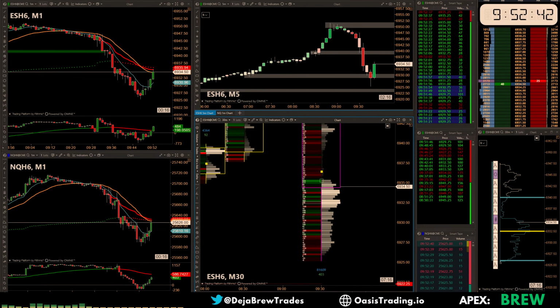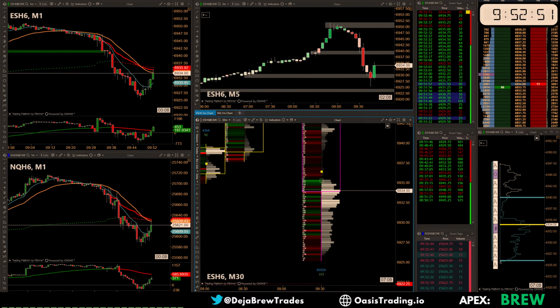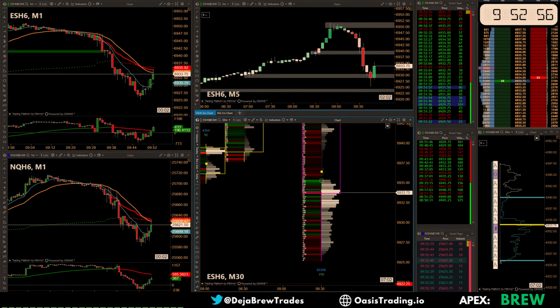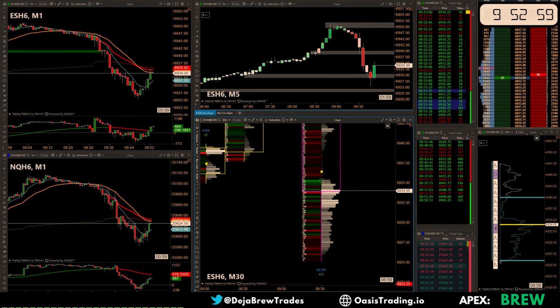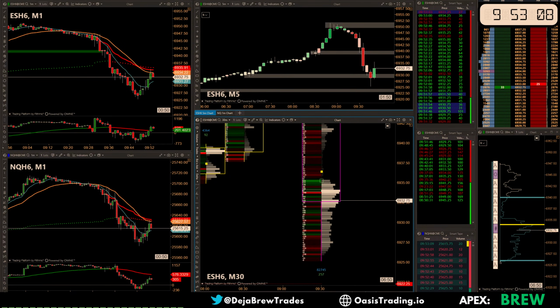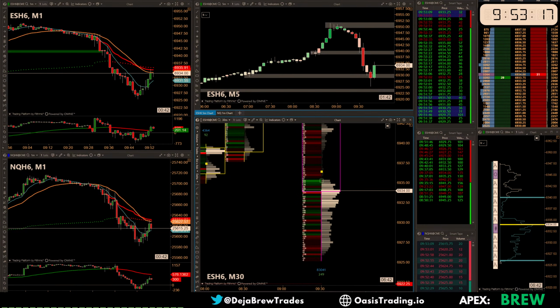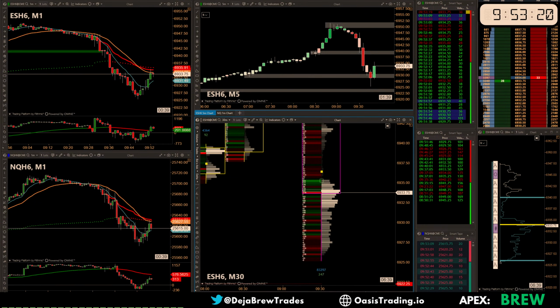See how it responds to VWAP here. So far, not finding any buyers above VWAP.